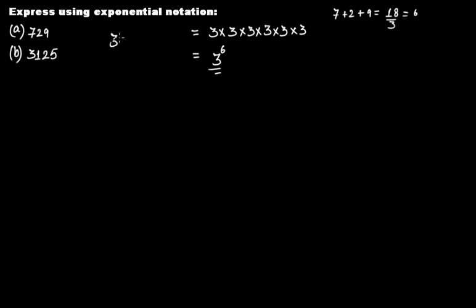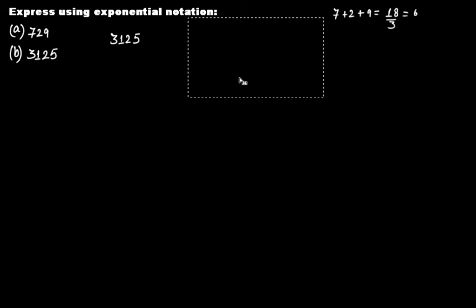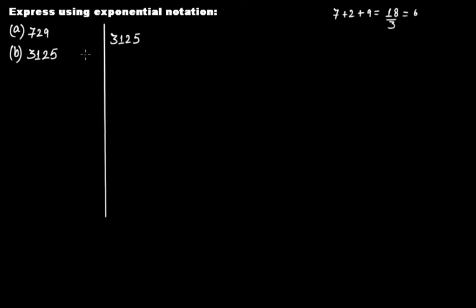Let's do the prime factorization of 3125. 3125 divided by 5 is 625. If you divide this, you get 125. If you divide this, you get 25.